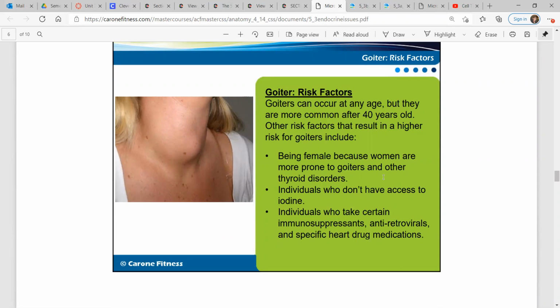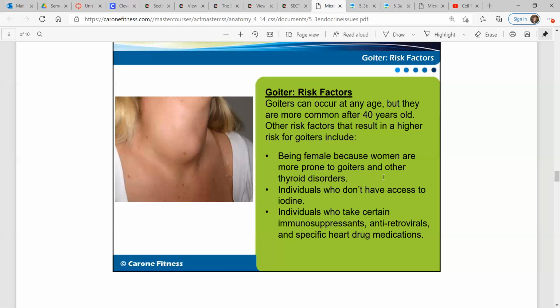Well, goiters can occur at any age, but they are more common after 40 years old. Other risk factors that result in a higher risk include being female, because women are more prone to goiters and other thyroid disorders for some reason, individuals who don't have access to iodine, individuals who take certain immunosuppressants, antiretrovirals, and specific heart drug medications.